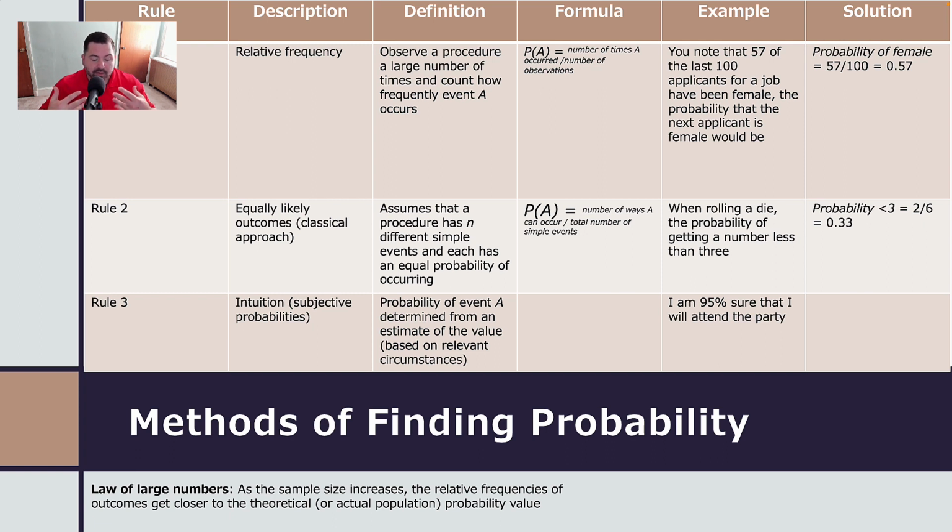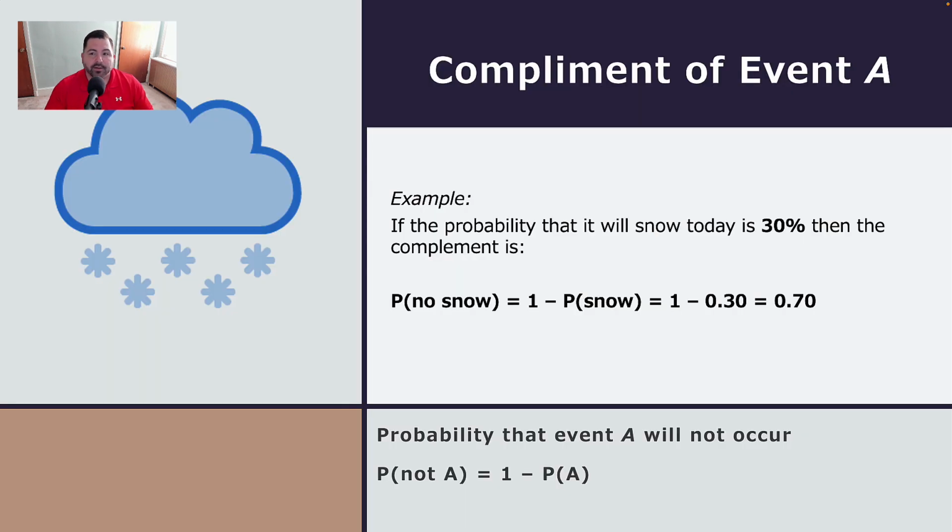So the more participants, the more people from the sample that represent the larger population, the more accurate and reliable that probability will be, as opposed to sticking with a very small subgroup of people, okay?